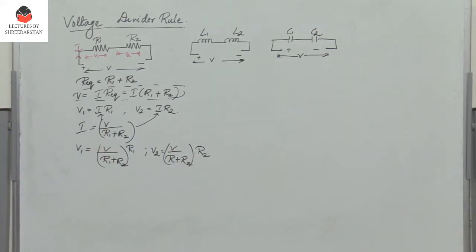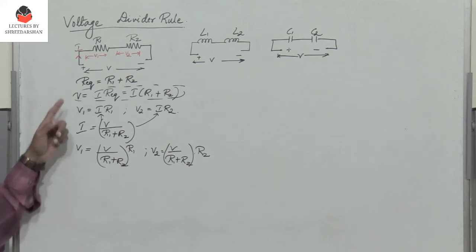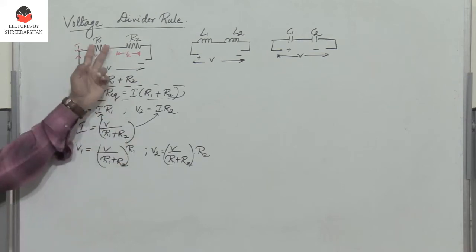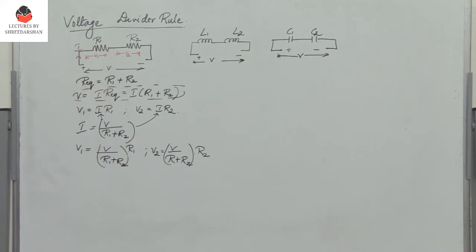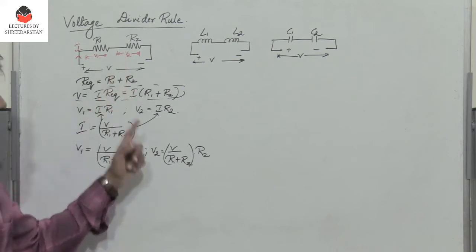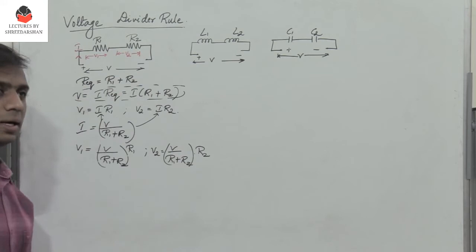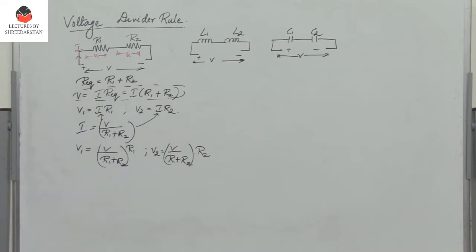Alright, so what does the voltage divider rule state? The voltage across the first resistive element is the total voltage into the same resistance divided by the sum of resistors, and the voltage across R2 is the total voltage into the same resistance divided by the sum of resistors.